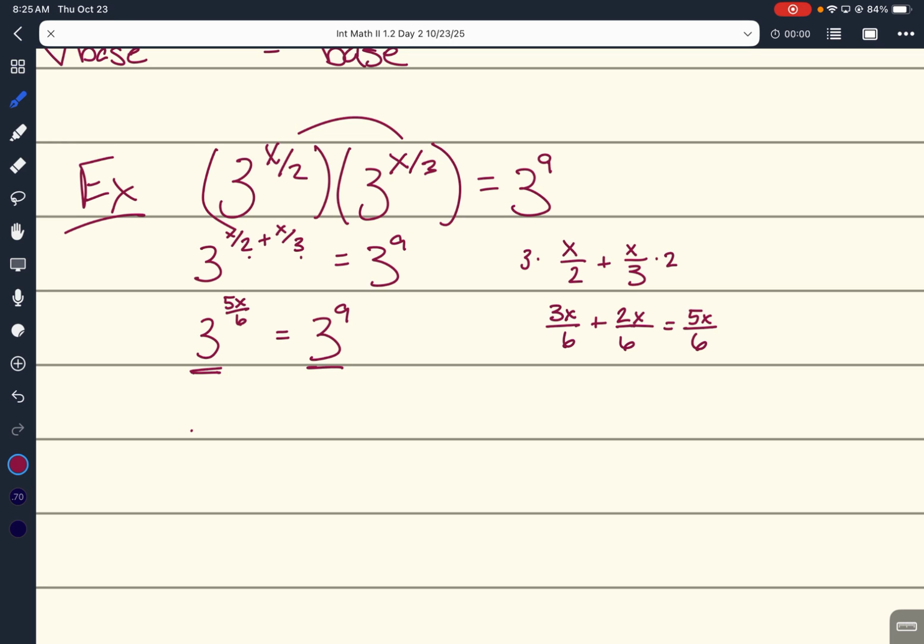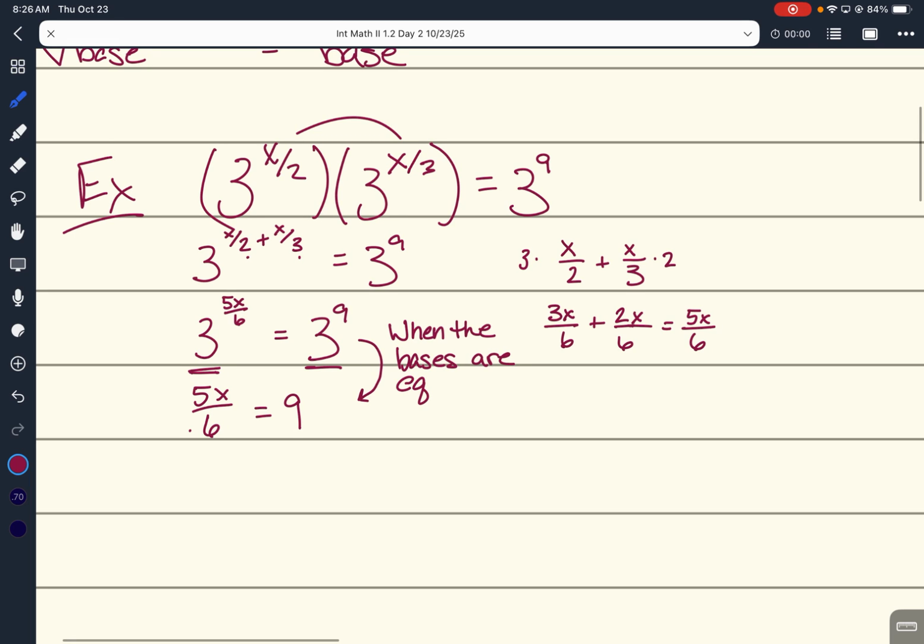Does 3 equal 3? Yes. So that means that 5x over 6 equals 9. To get from here to here, we use: when the bases are equal, the exponents are equal.